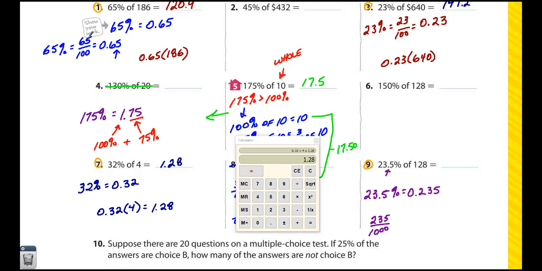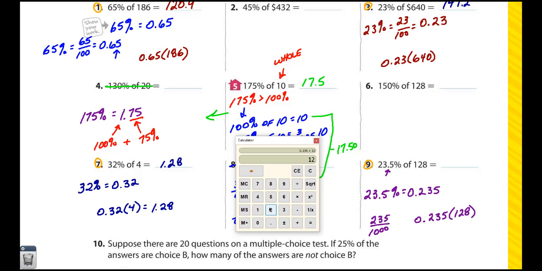Not hundredths, like this 65% was hundredths, because we had 2 places, but since we have 3 places after the decimal, it would be thousandths. So we're going to take our 0.235 and we're going to multiply it by 128. Now 23% is a little less than a fourth, so that should give us an idea of what's a reasonable answer.